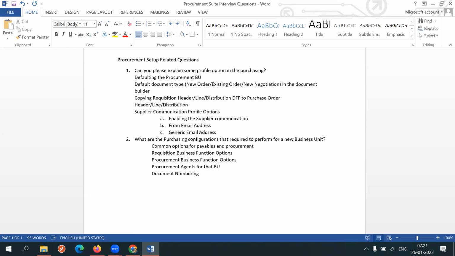Purchase order is legal entity level, sir, because if you select purchase order, you have to select the legal entity. If you want, I can check. Agreement is BU level. Agreement, requisition. Sir, supplier.